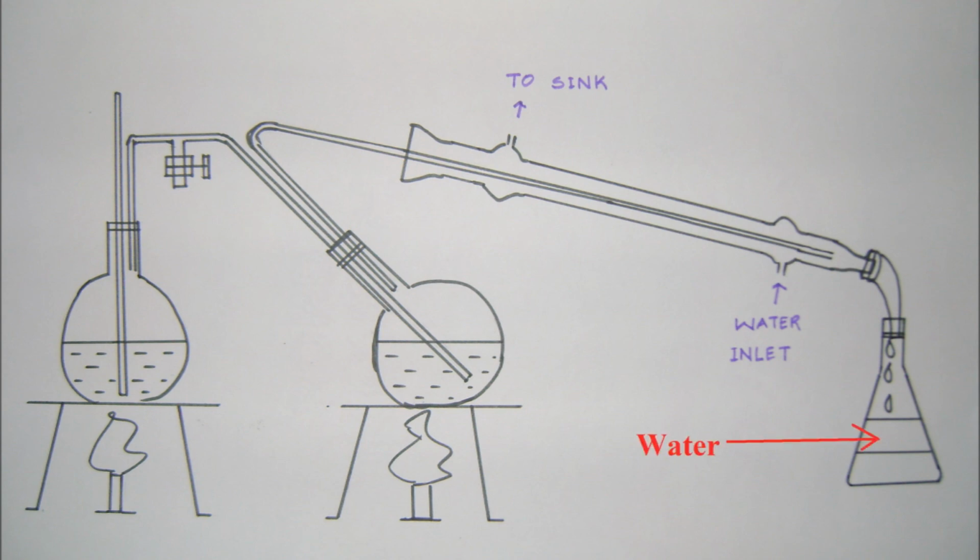So the first layer will be of water, while the second will be of the distilled liquid, that is B. So in this way we got the pure liquid B without its decomposition.